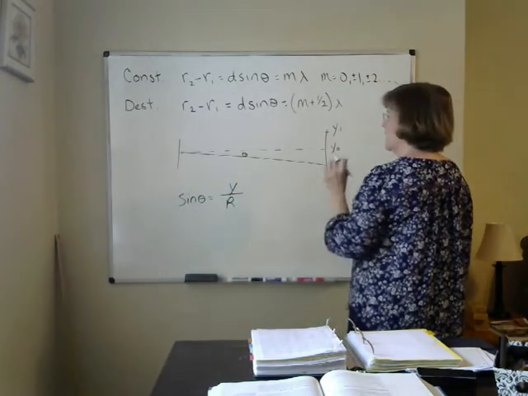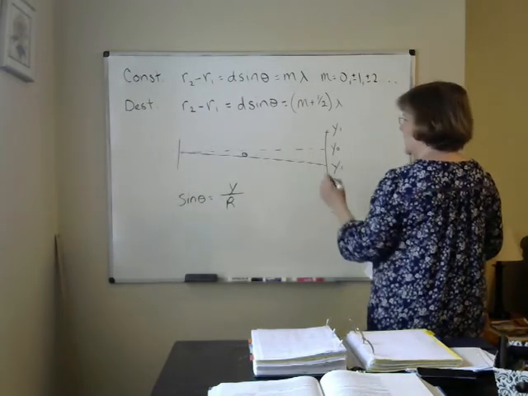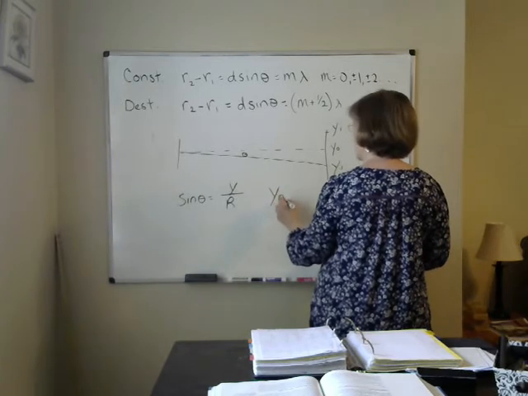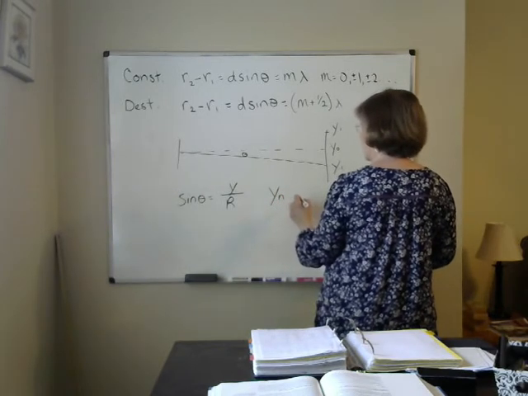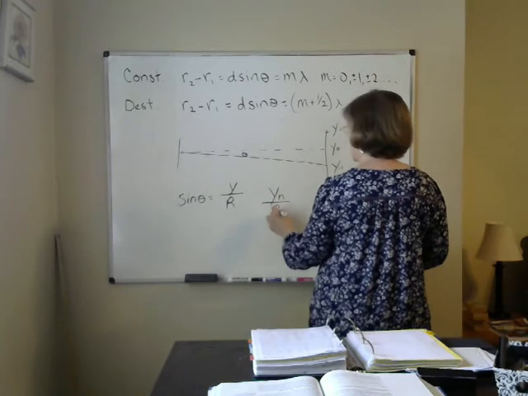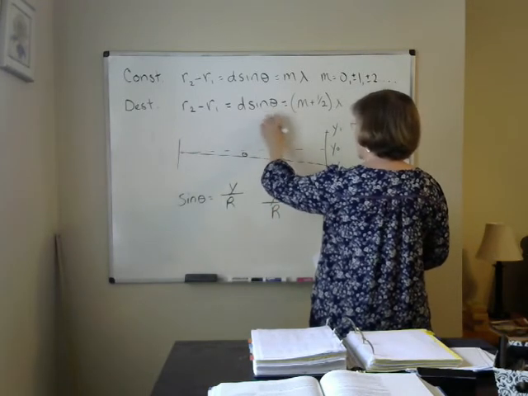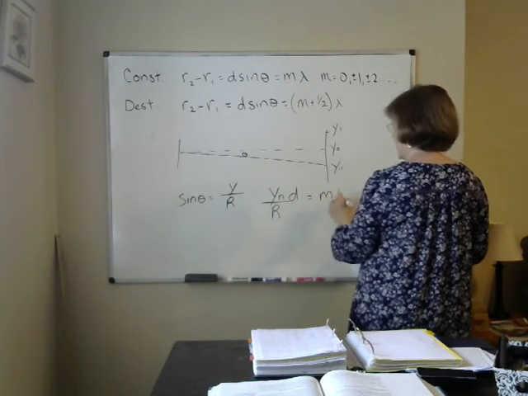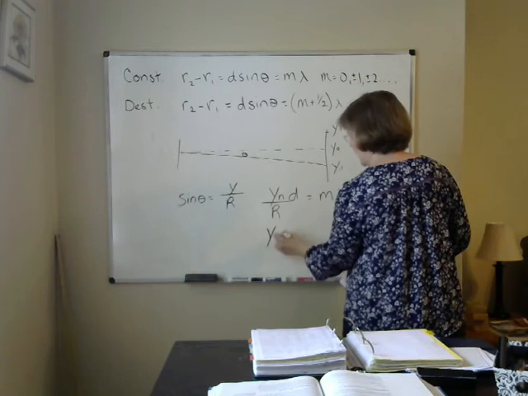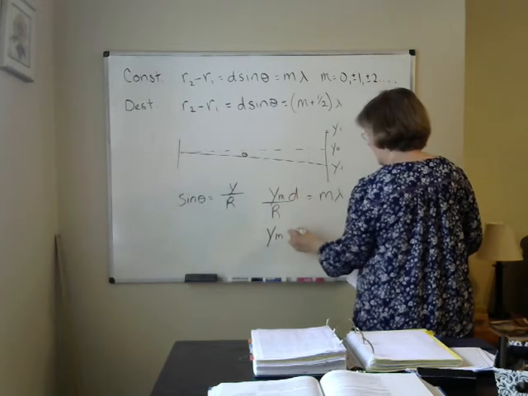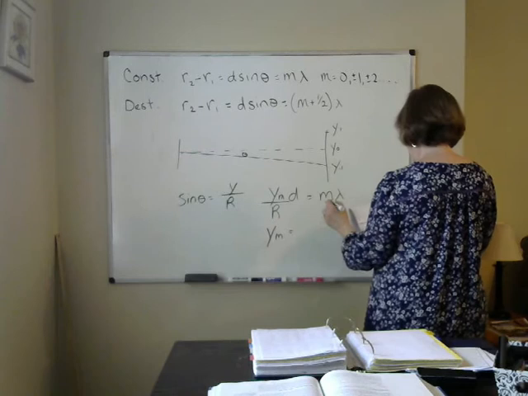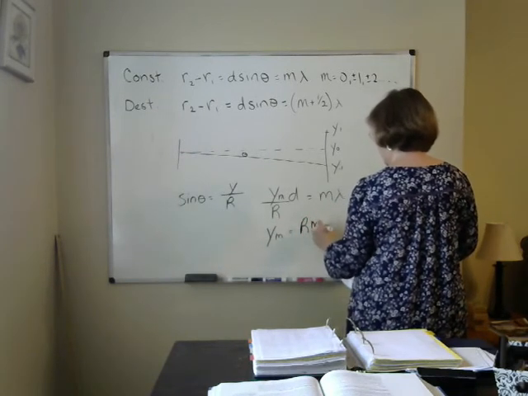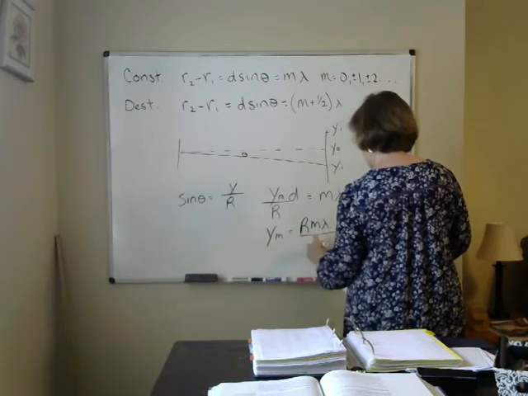In this case, if I replace that in my formula, I can get a formula that says y sub m over r times d, I'm replacing sine theta, equals m lambda, or y_m, it's supposed to be an m, equals, make sure I get this right, r m lambda over d.